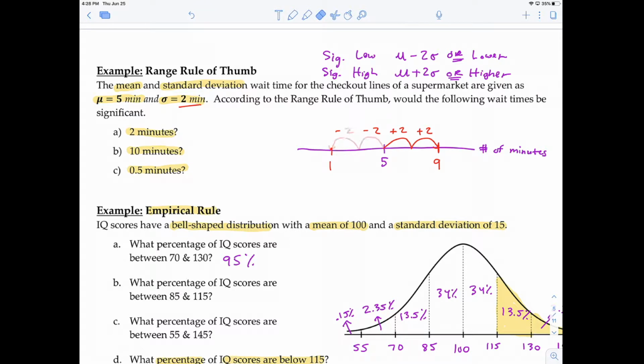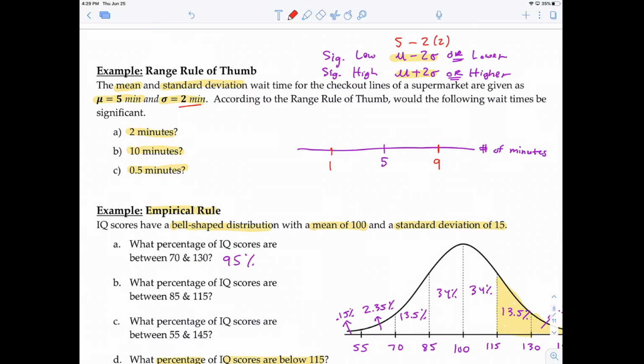Most students find subtracting and adding like that easier, but you have to be comfortable with using these formulas as well. To find that 1 and that 9, we could use the formula. For the 1, we do the mean minus 2 standard deviations, so that's 5 minus 2 times 2, because the standard deviation is 2.